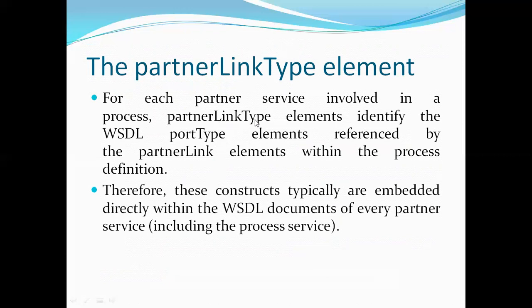The partner link type element identifies the WSDL port type. So this is the document used in the WSDL, and from that WSDL we get the idea regarding the port type element. Therefore these constructs are typically embedded directly within the WSDL document, for providing the input and getting the output response from the web service.